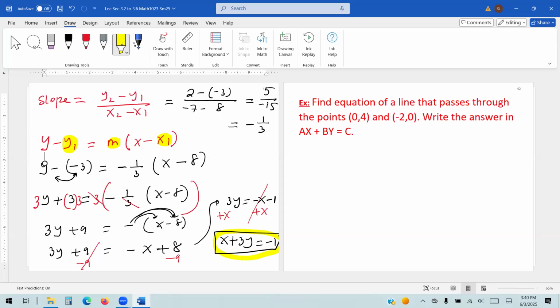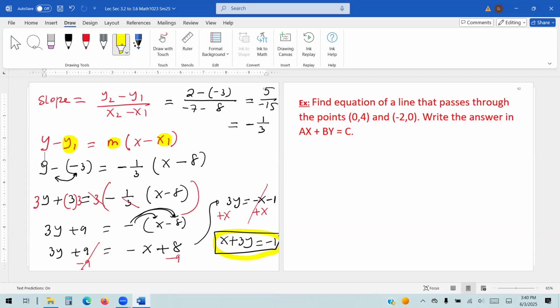Almost correct, but don't move the x, keep it to x, and you have x and y together. So remember, x and y is minus negative 6. So subtract both sides.